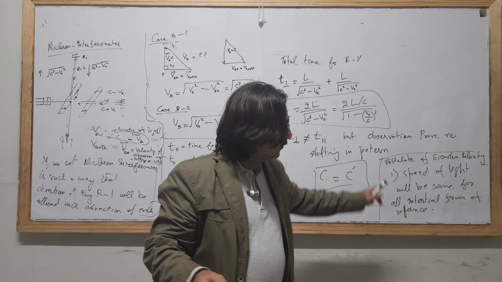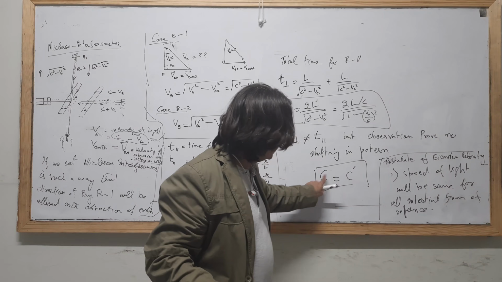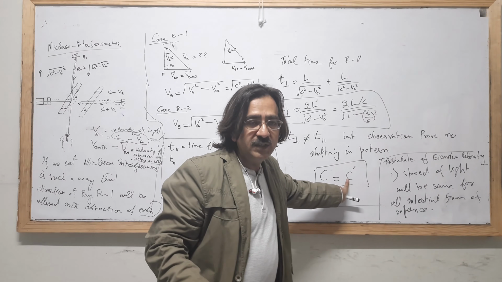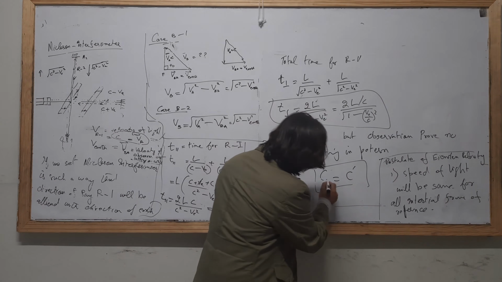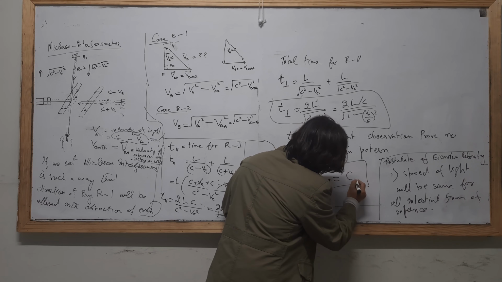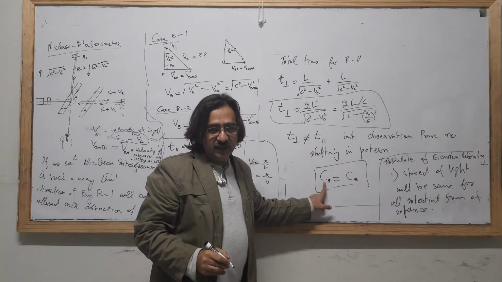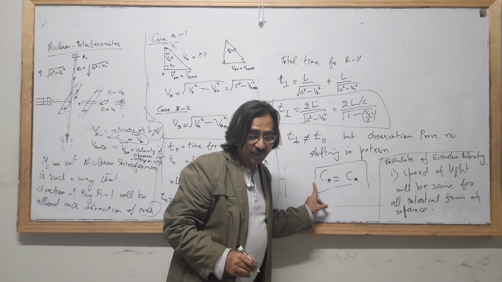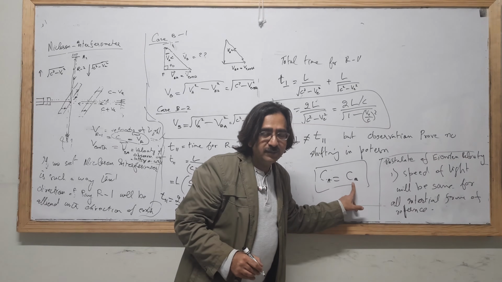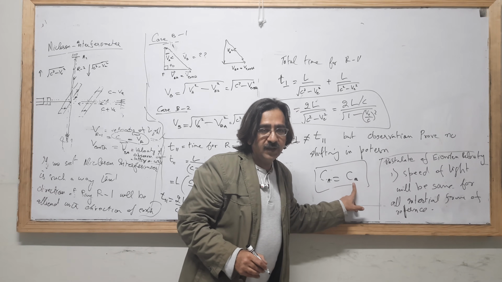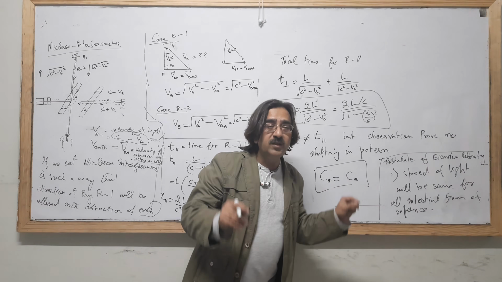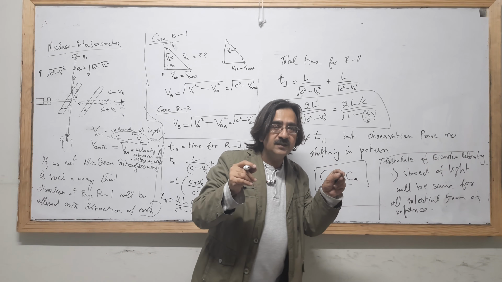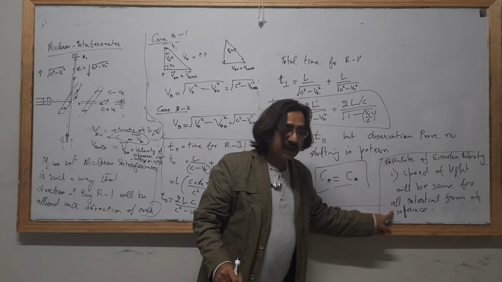So C dash will be equal to C. You may see that CA is equal to CB. The speed observed from frame A and the speed observed from observer B will be the same for both.